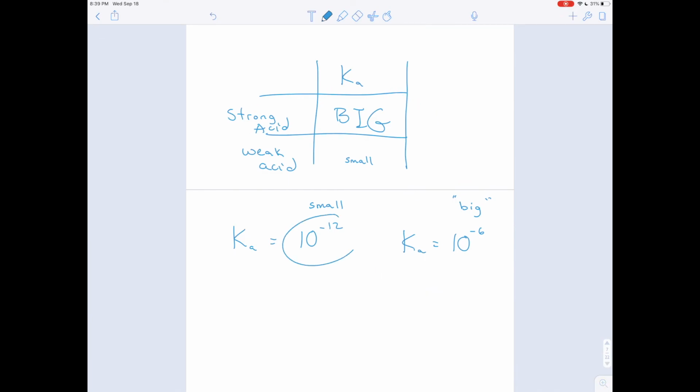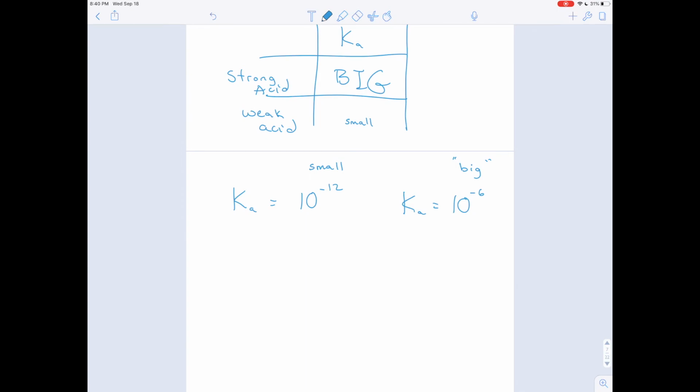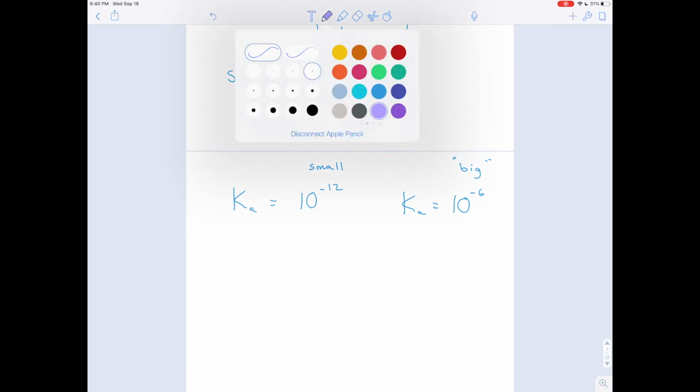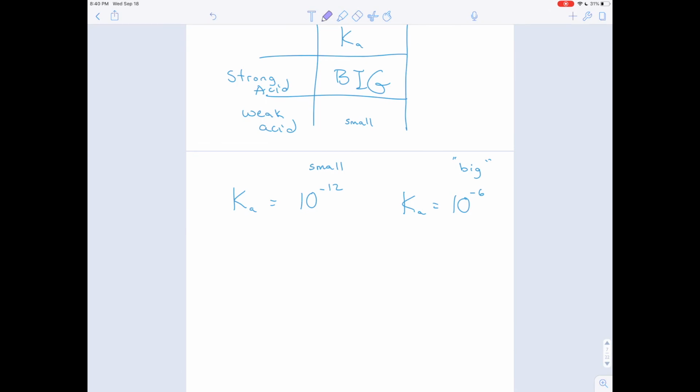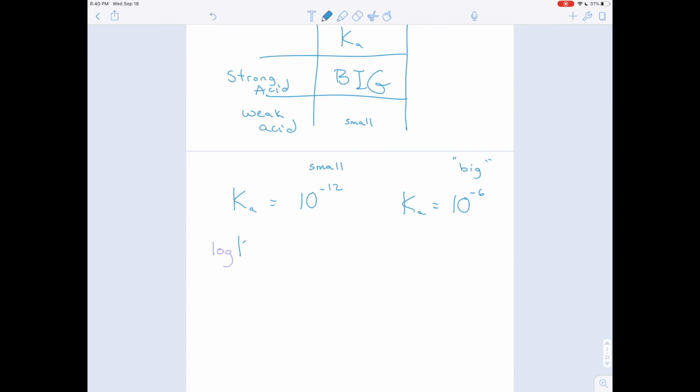Now, one of the ways to make it less awkward dealing with such crazy numbers is to take the logarithm. This was a technique you learned in general chemistry also. Instead of having this weird 10 to a power, you can solve for an exponent by taking a logarithm. If you take the log of a number, you end up with whatever the exponent was.